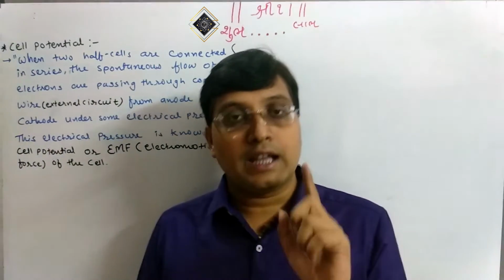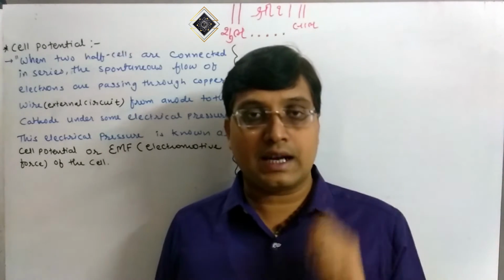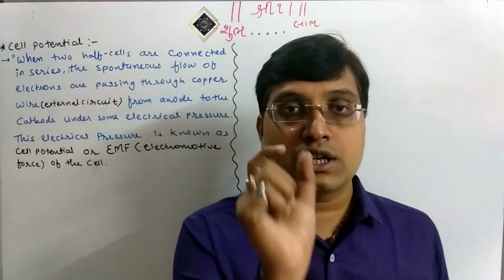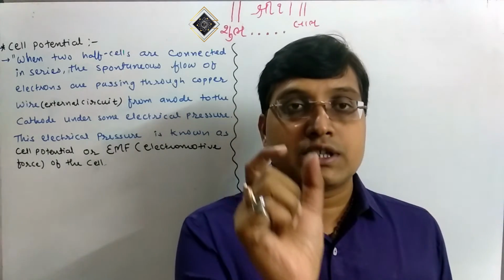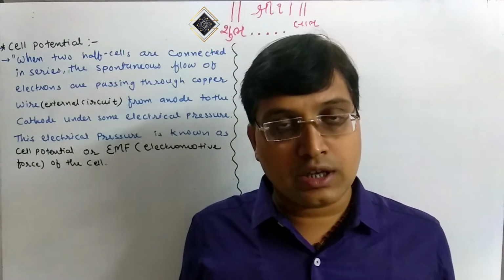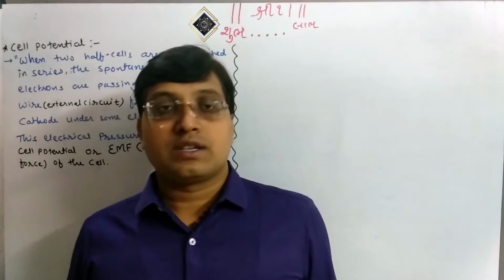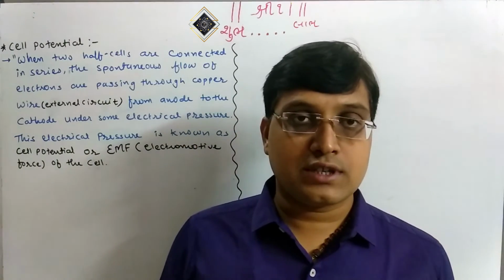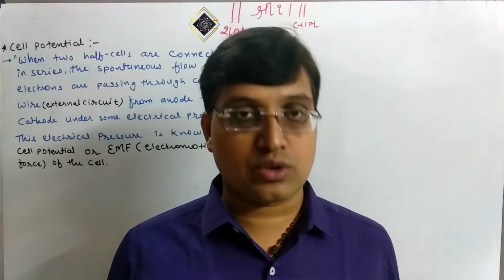Once again, electrode potential is the potential of the single half cell, and cell potential is the potential difference between two half cells connected in series. Clear? Okay. So let's go ahead. Now, if both the half cells are standard, then it is said to be a standard full cell. The cell potential of the standard full cell is denoted by E0 cell.